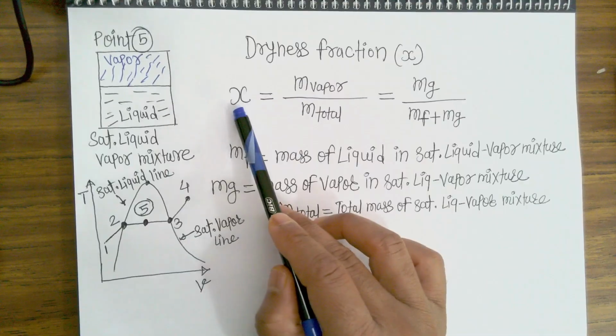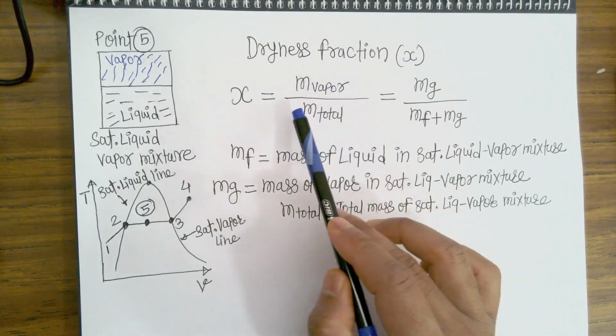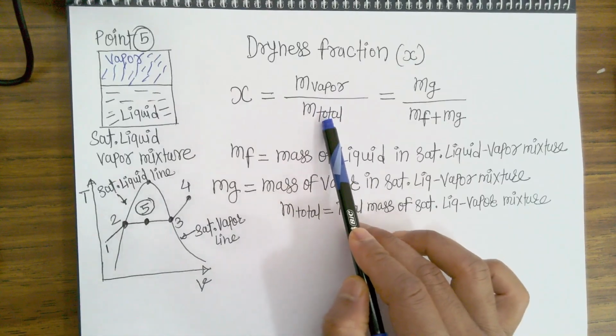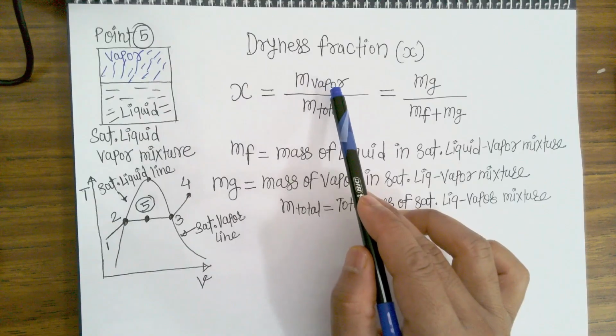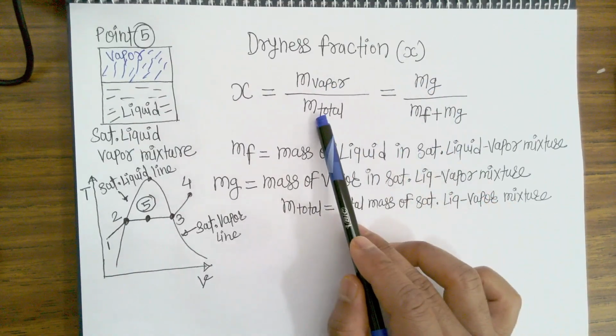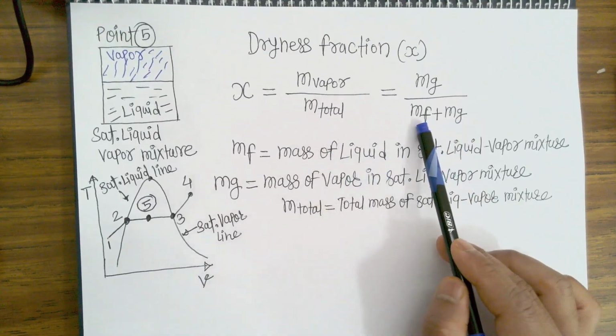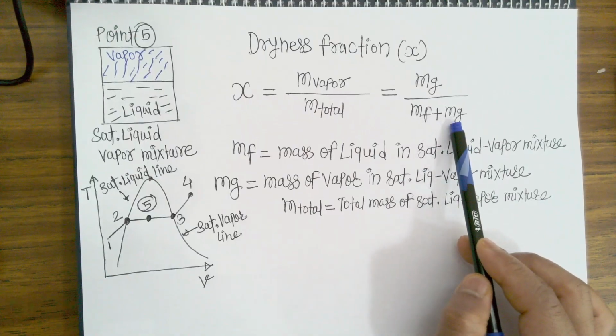The dryness fraction is the ratio of mass of vapor to the total mass of liquid vapor mixture. Mass of vapor is written as mg. Total mass of liquid plus vapor mixture is the mass of liquid plus the mass of vapor.